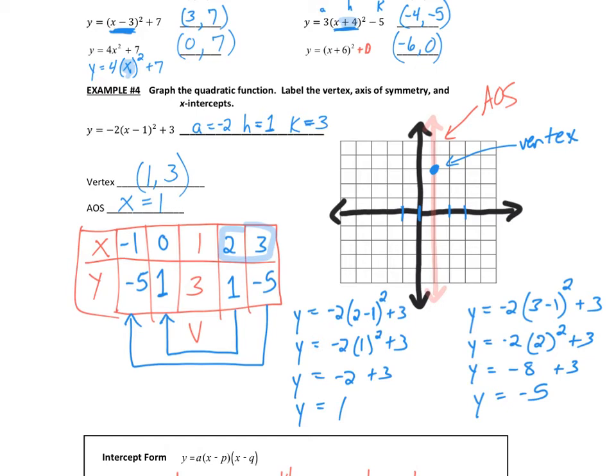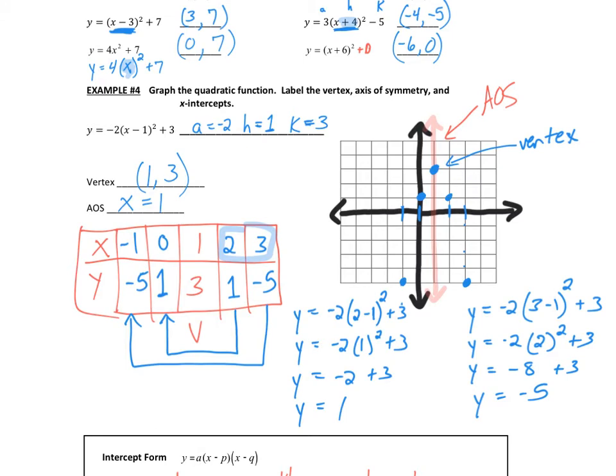Okay, so if we graph this, 2, 1, 0, 1, 3, negative 5, 1, 2, 3, 4, 5, and negative 2, negative 5. Oh, sorry, whoops, wrong spot. Right here, negative 5.